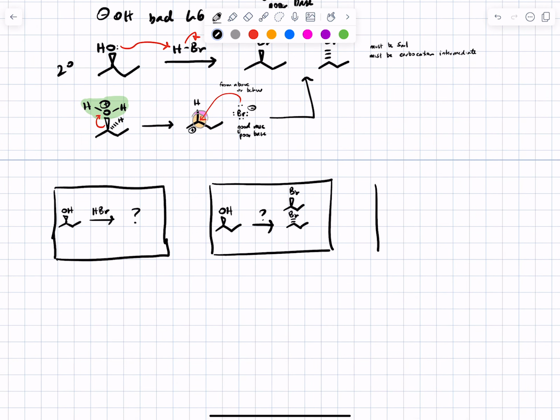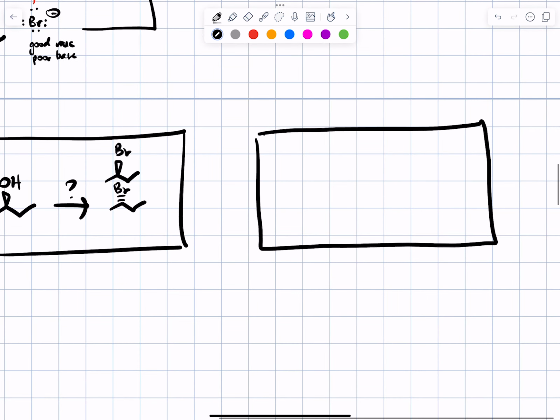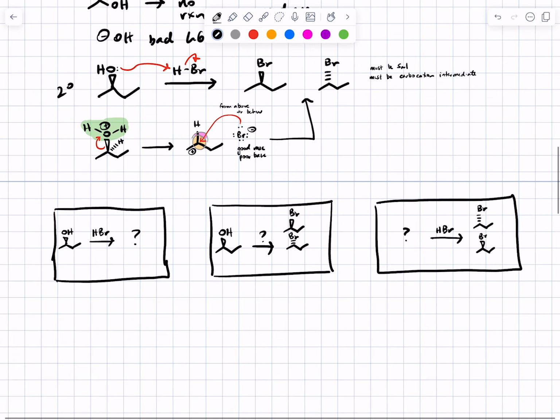And then the final flashcard, which is actually going to be pretty useful for synthesis, is the thinking backwards flashcard, where you're given the products and perhaps the reagent, and you have to think backwards to the starting material. That may or may not be useful to you, but that's one way you can help yourself remember details that you're not going to be able to derive from first principles.